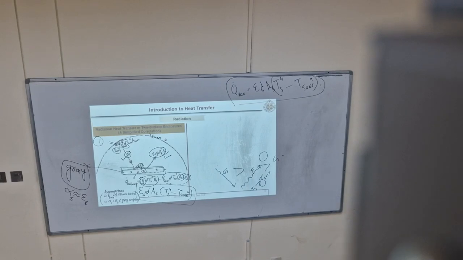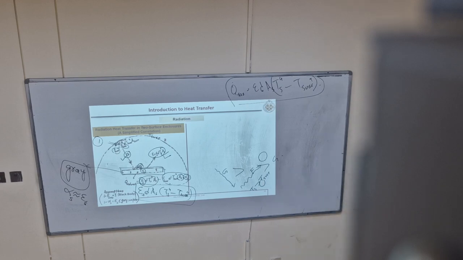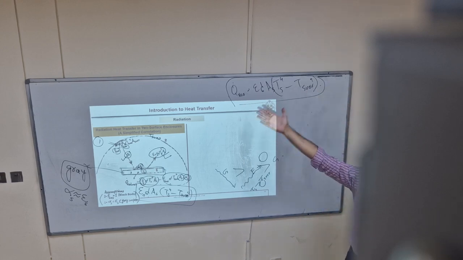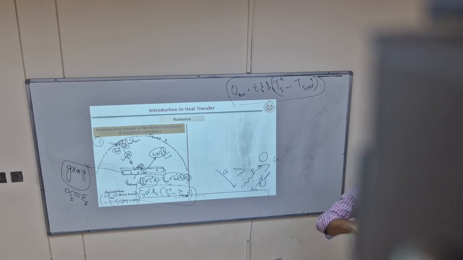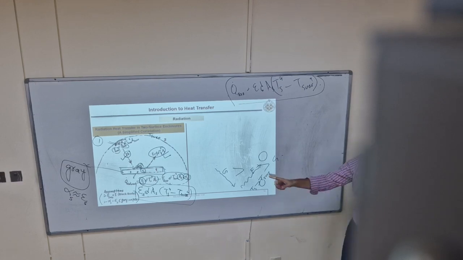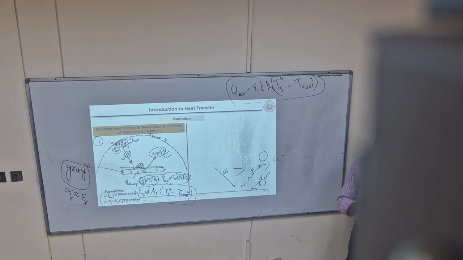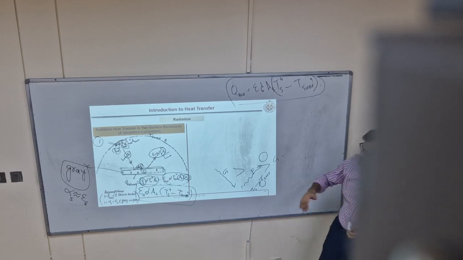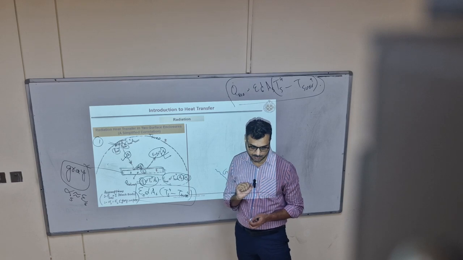That is not always a good assumption, but for some numerical problems, for example this wall and the surrounding sky, it can be solved using this equation. The surface is exposed to the ambient sky, the other surface is the sky, and air is not interfering with radiation. For such cases, this is a good assumption. But for other cases where we cannot use this assumption, we have a much different equation where the emissivity of both surfaces should be taken into account.